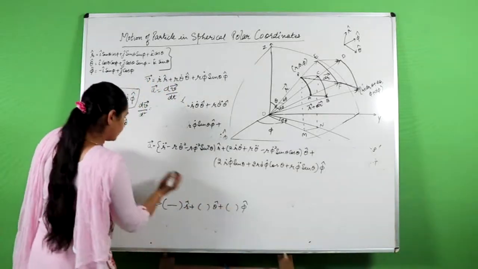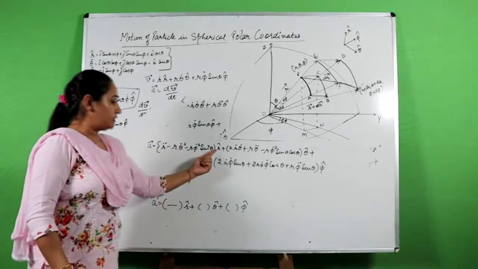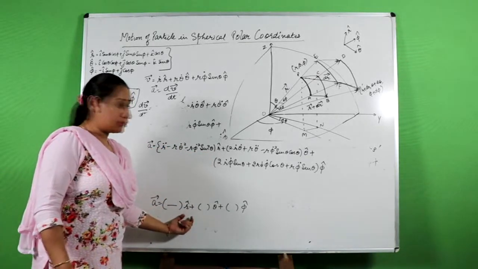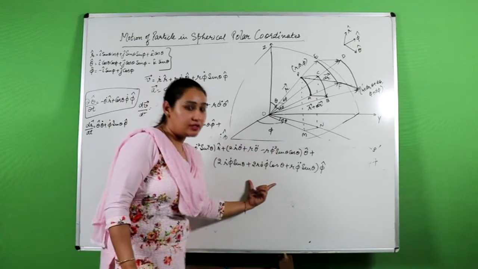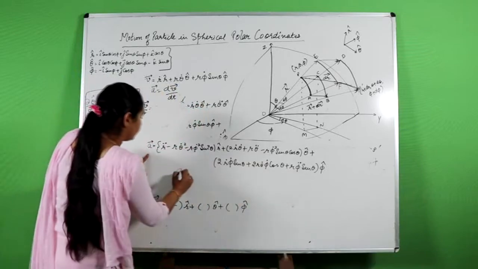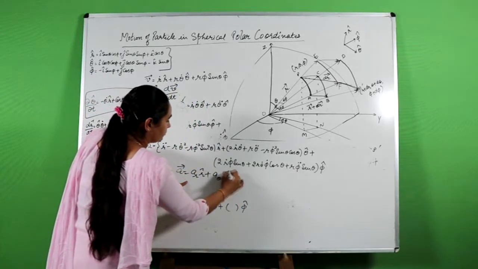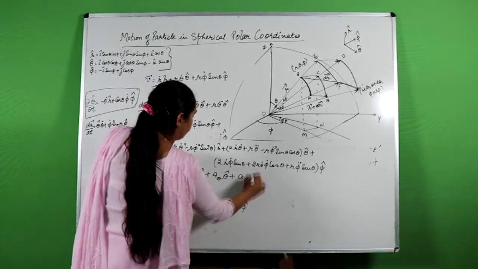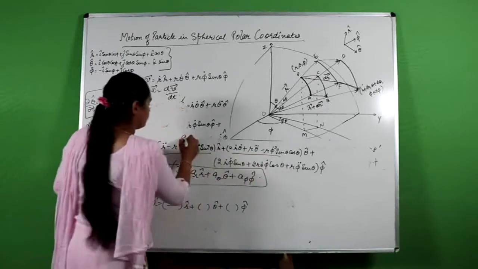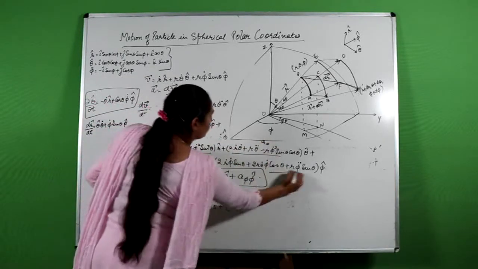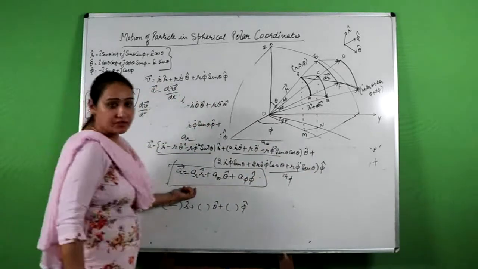When we gather the components, as I told you, r cap in one bracket, theta cap in another bracket, and phi cap in a third bracket, then we will get A is equal to A_r into r cap, A_theta into theta cap, and A_phi into phi cap. So these are the components. This is the A_r component, A_theta component, and A_phi component. So this is my acceleration.